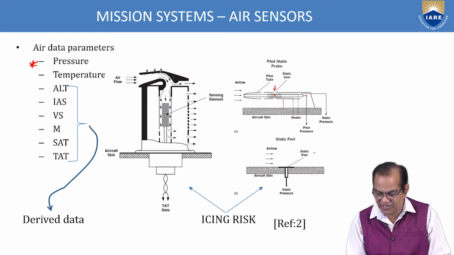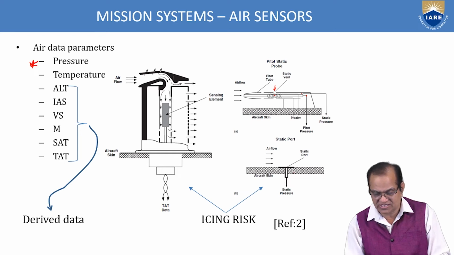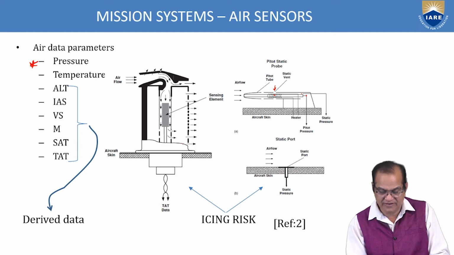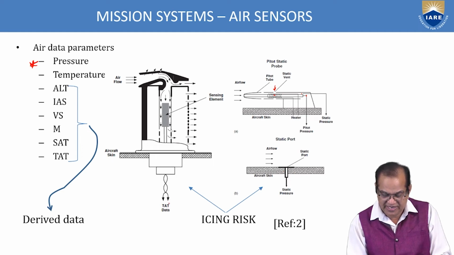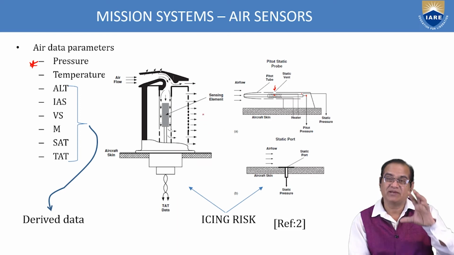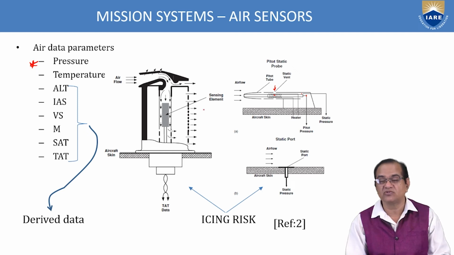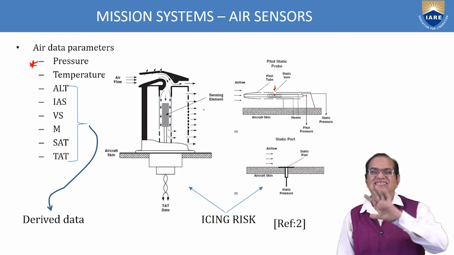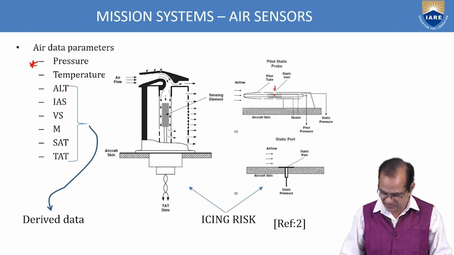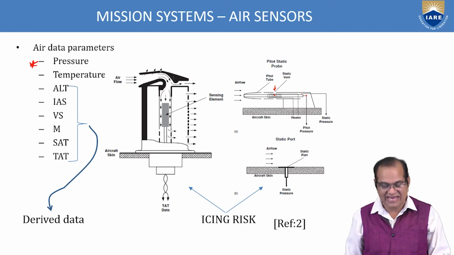If you want only a static port, then a small hole is made and static pressure is measured on the skin itself. Here is the aircraft skin, and here are the TAT sensing elements. Air is entering here and leaving from here, and in this way we can get the pressure difference or the temperature difference. The pressure and temperature differences are converted to electrical signals, and these electrical signals are displayed in the cockpit. So these are the air sensors.